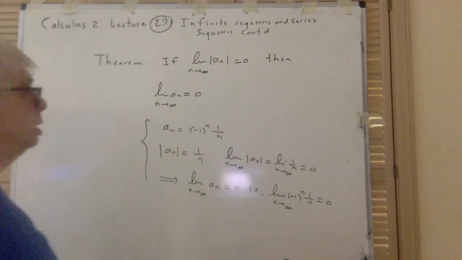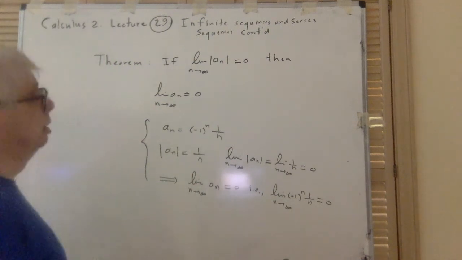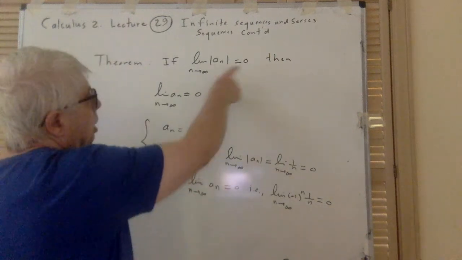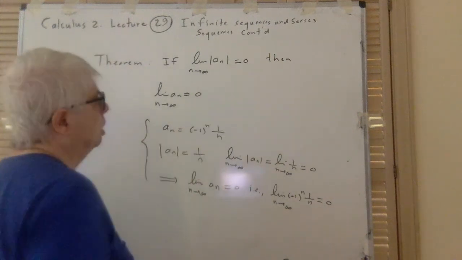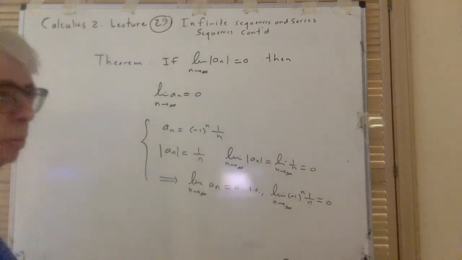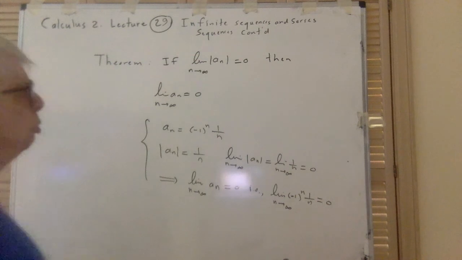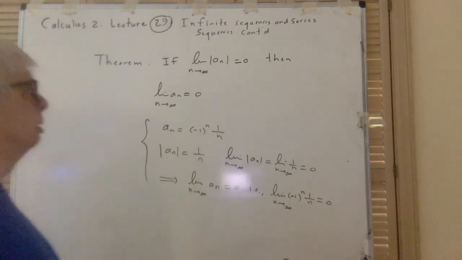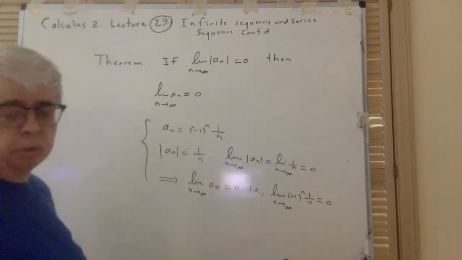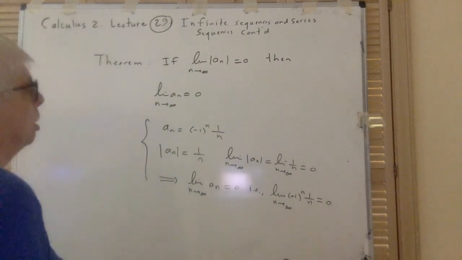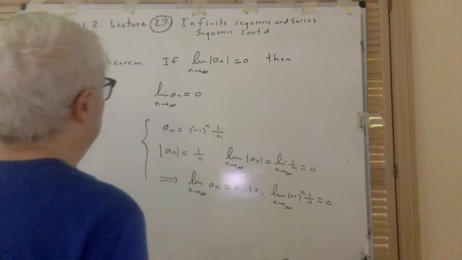In a sense, it's saying that if the sequence without negatives approaches 0, then the other one should also approach 0. The proof is very simple, but I'm not going to prove it; using the definition of a limit it is very simple.